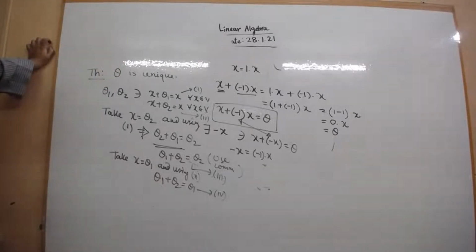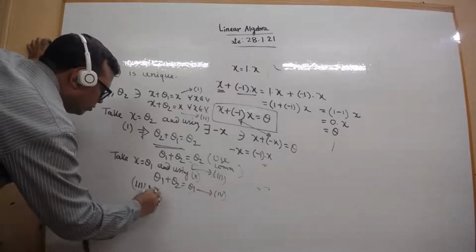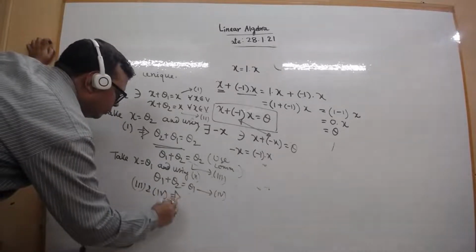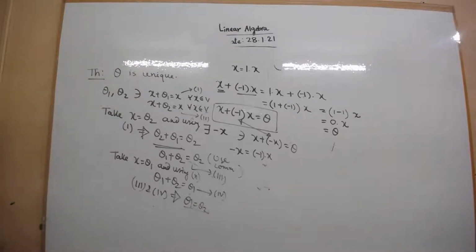Now from 3 and 4, we get theta 1 equal to theta 2. Hence, theta is unique. Okay.